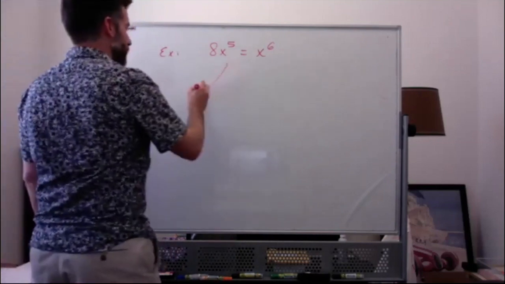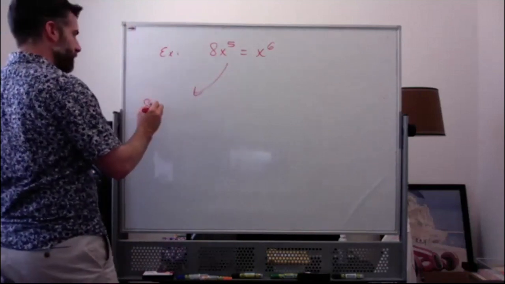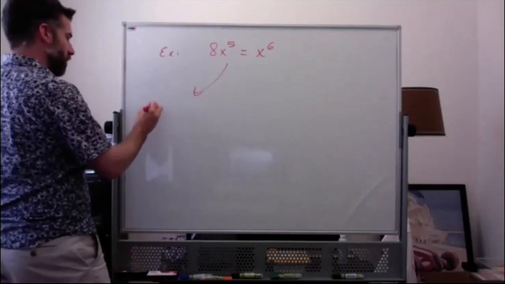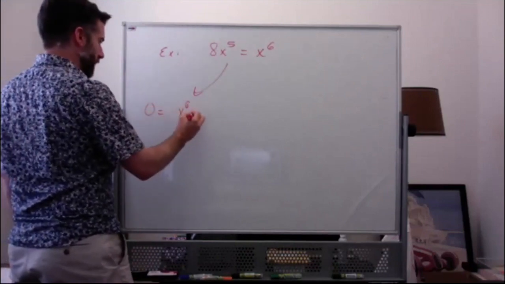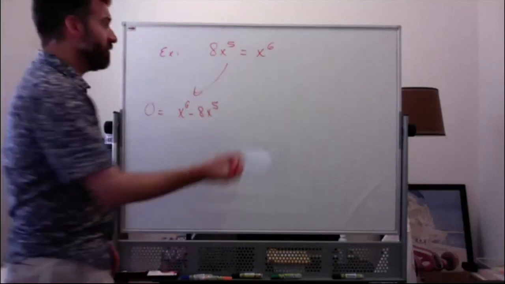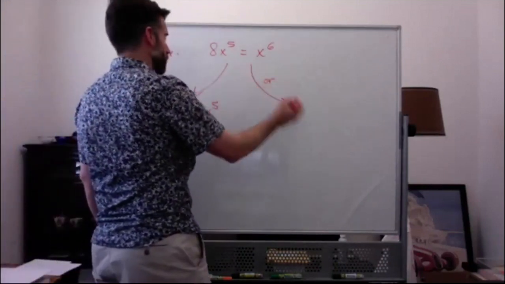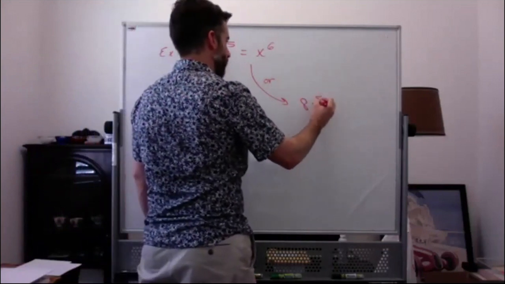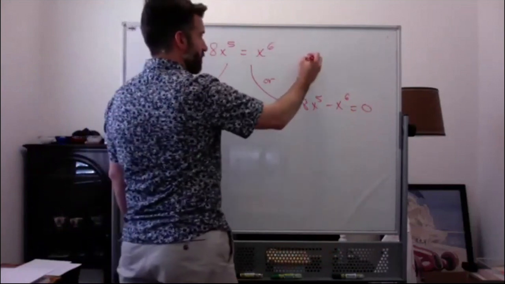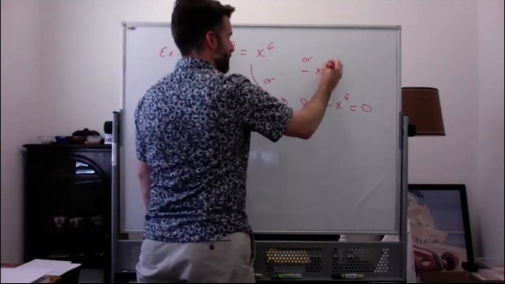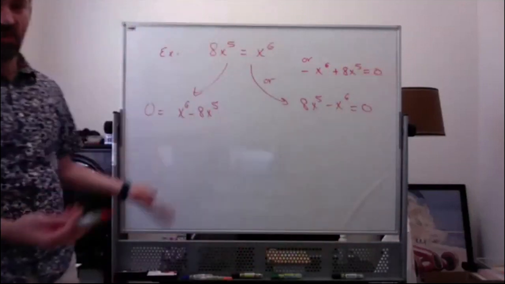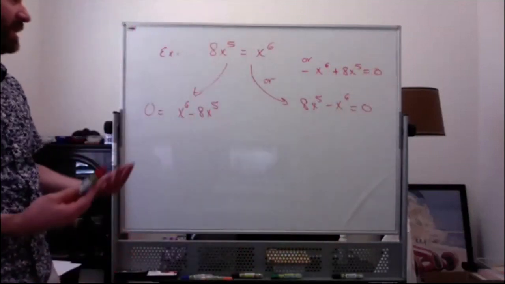So you can go this way and say 0 is equal to x to the 6th minus 8x to the 5th. But you could also bring everything to the left: 8x to the 5th minus x to the 6th is equal to 0. Or you could even do minus x to the 6th plus 8x to the 5th equal to 0. Any of these are options, and any of them are fine.